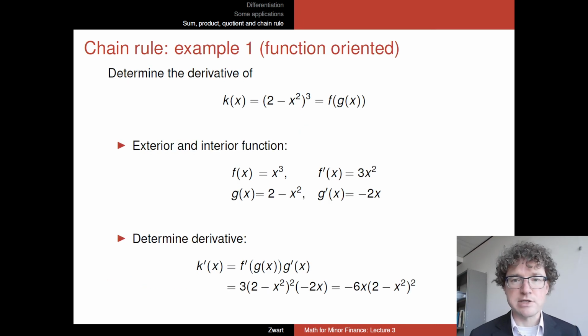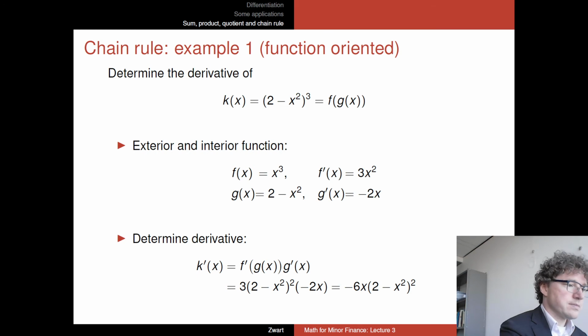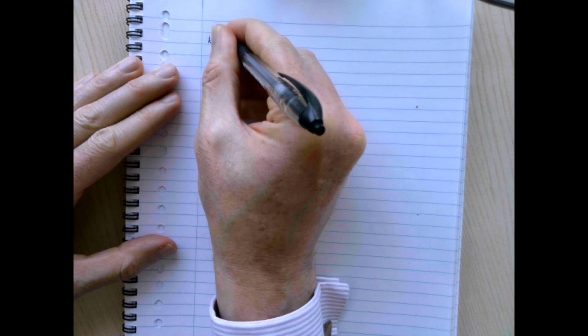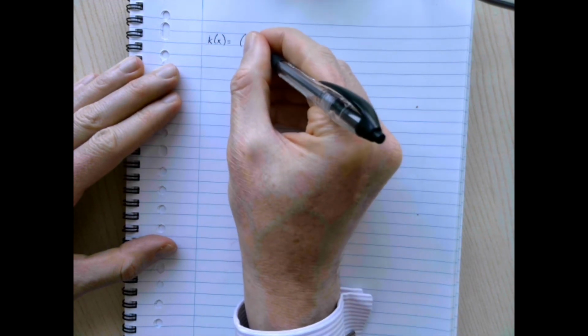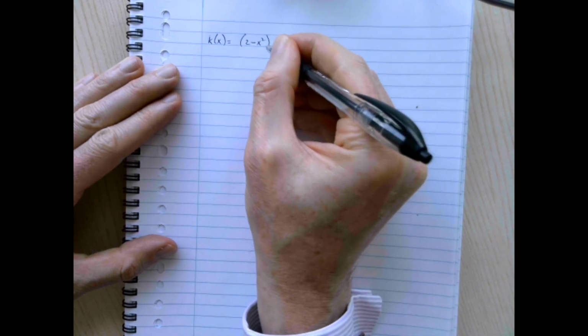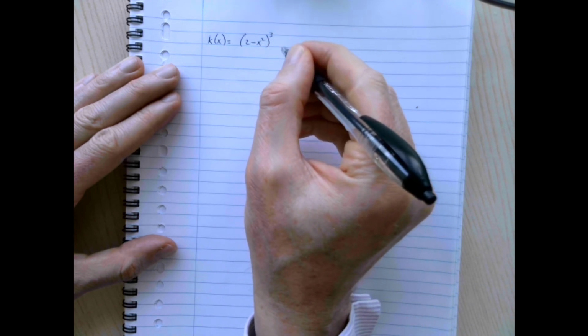So let's see again how this works for our example. So let me do that on paper again. So let's go to the paper. So we had this function k of x. It was 2 minus x squared, the interior function, and that outcome raised to the power 3.